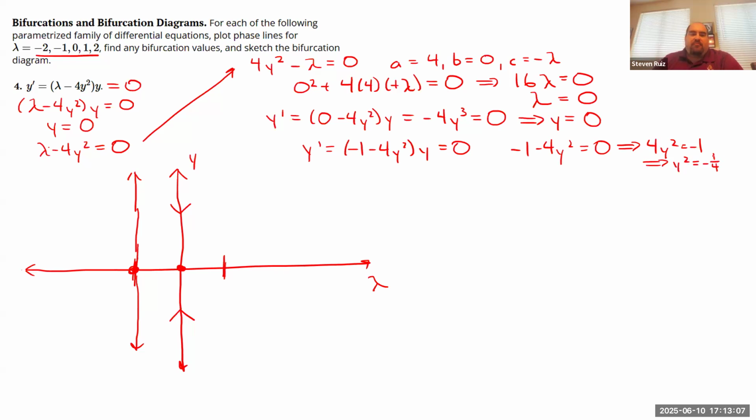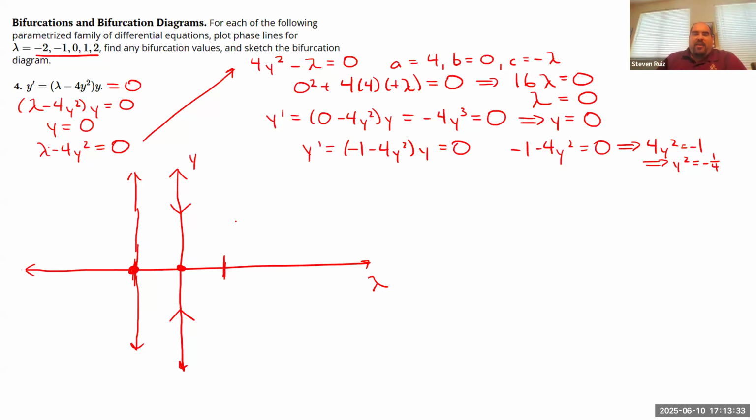That's not going to give me any real solutions. That's going to give me the square root of -1/4, which is not going to be real. So I have no other solutions to look at there. So I don't know if I found bifurcation because I don't see any change going in that direction. So I better see change going to the right.